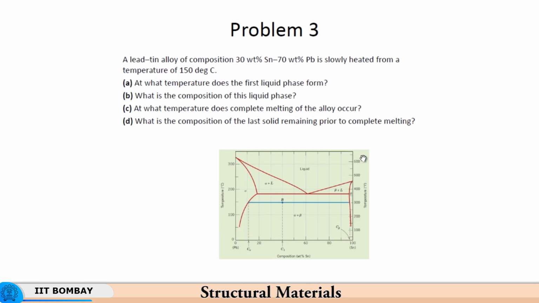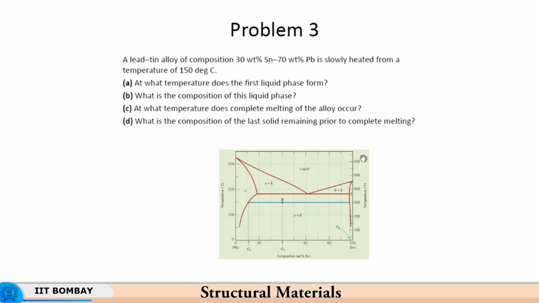being present here, and as alpha goes on melting, compared to the chemical composition here, alpha is much leaner in terms of tin.